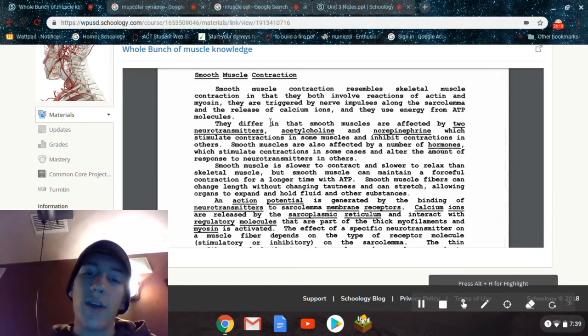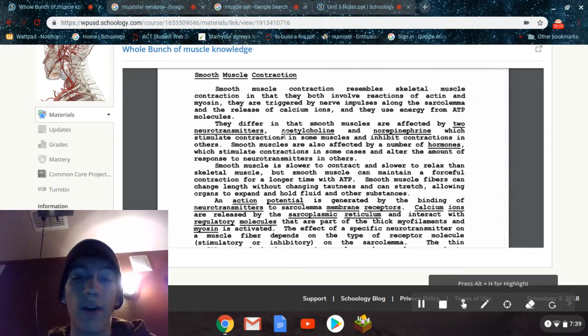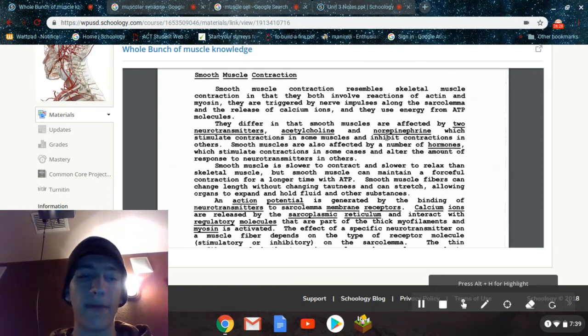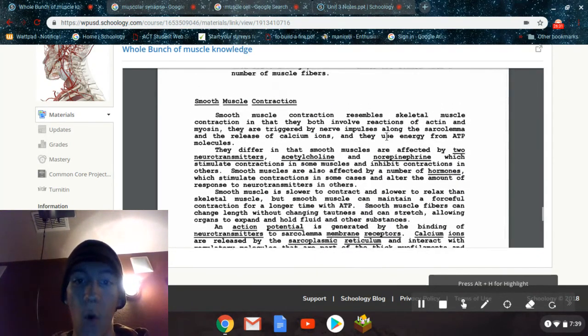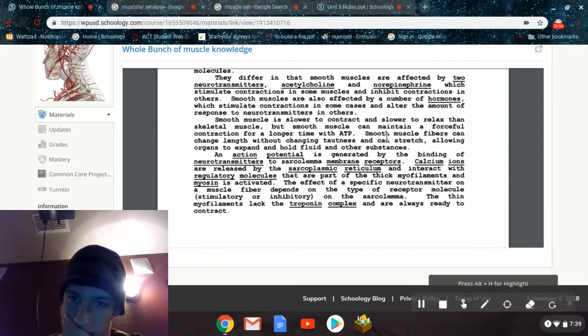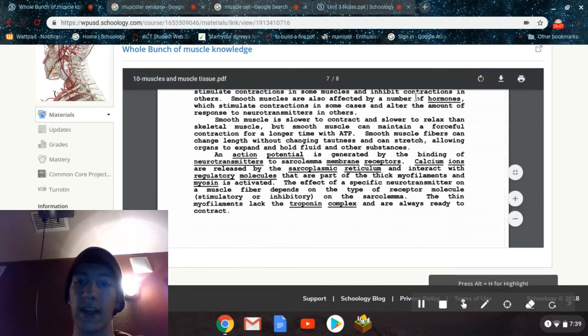Smooth muscle is affected by acetylcholine too, but also by norepinephrine and a whole bunch of different hormones, which is why you feel it in your guts when you are really angry or happy. There's a lot of smooth muscle there, and it's really sensitive to your hormones.